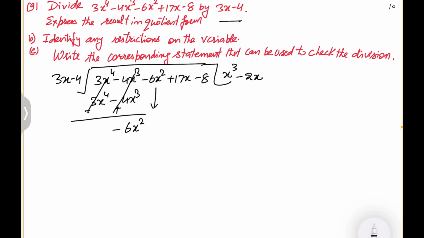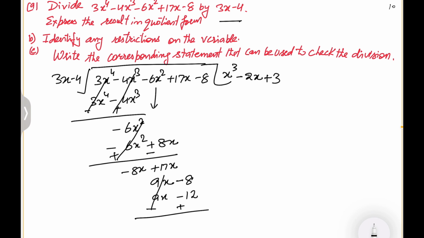So we get negative 6x squared plus 8x. When we subtract, we get negative 8x plus 17x. Subtracting these two, we get 4 as the remainder.